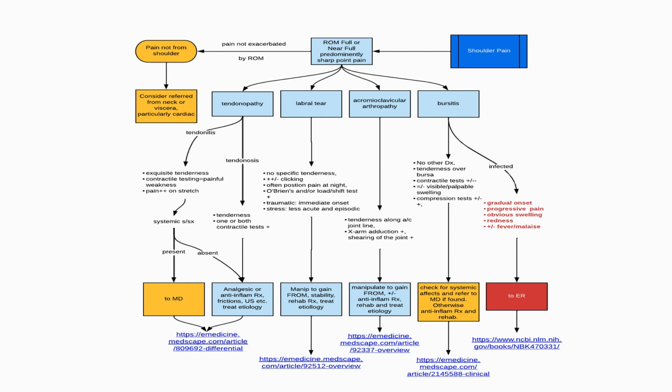If O'Brien's test is positive and is producing their pain, then it's probably a labral tear. If O'Brien's test is positive and the load shift test is positive, that's going to really confirm this being a labral tear. If O'Brien's test is negative, but the load shift test is positive, then they probably have a labral tear, but it's not necessarily the source of their pain.